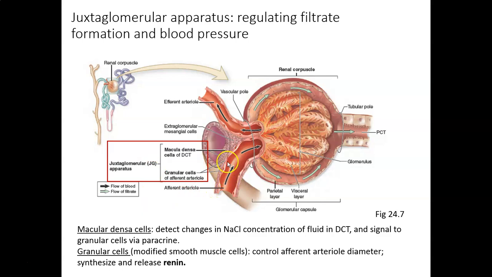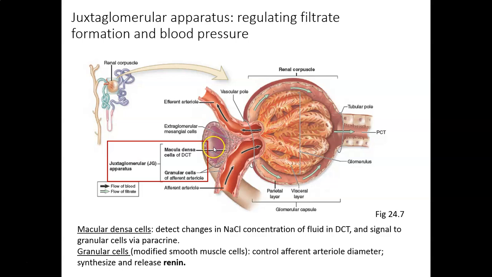So why do you have those kinds of cells right next to each other, why is it important? Okay, so the macula densa cells here in the DCT can detect the changes of the sodium chloride in the DCT, right?